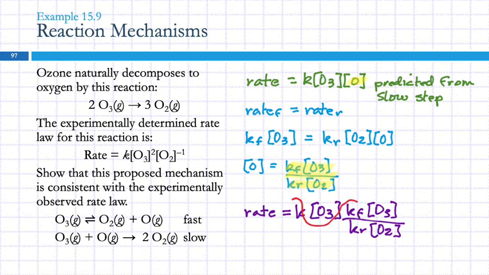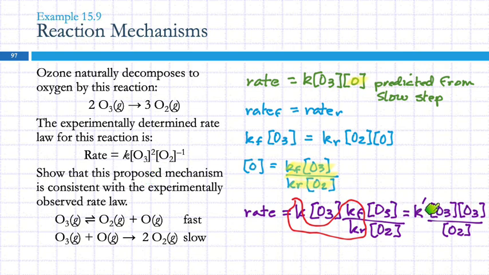We're going to gather up all these constants into one and say that this is a new constant, times O3 times O3 divided by O2. Well, as I've written it here, this does not look exactly like that one, does it?